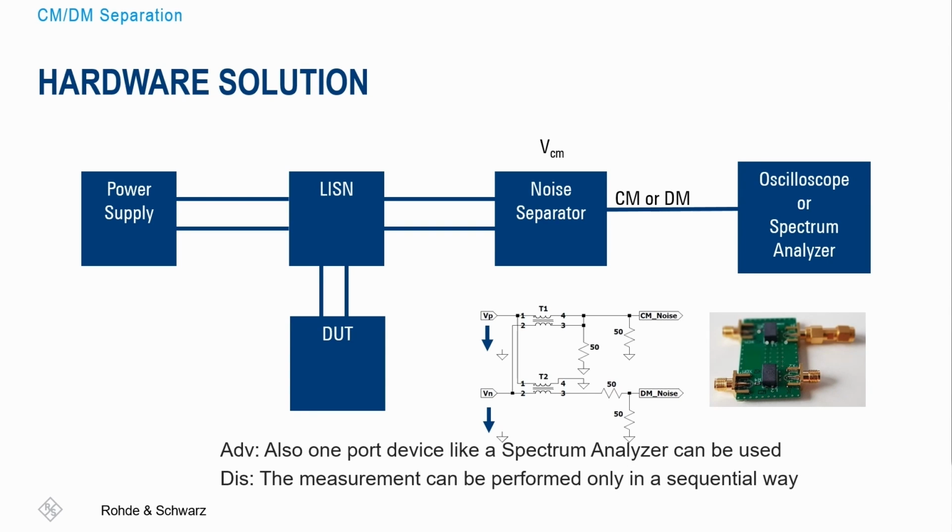Alternatively, with a bit of DIY tinkering, it's possible to create your own noise separator. However, it's important to note that this DIY approach requires a wideband RF transformer and a very high quality resistor for impedance matching. But the good thing is, with this approach, you can use a receiver or spectrum analyzer to measure both common and differential mode noise without the additional computational steps.